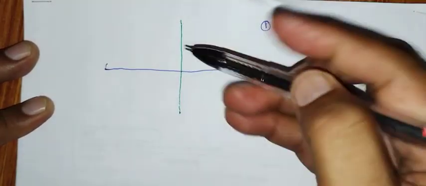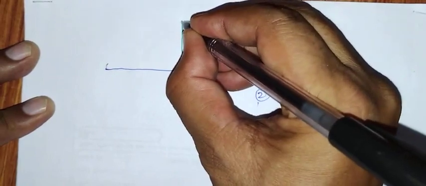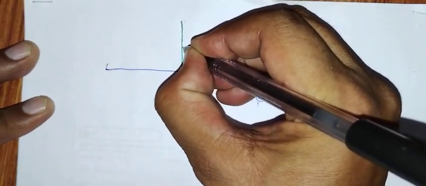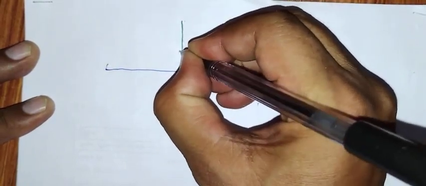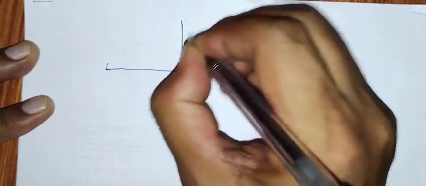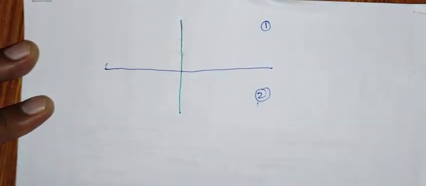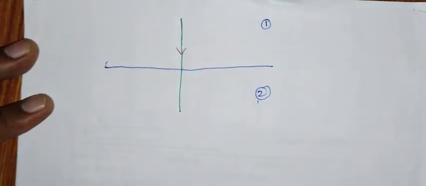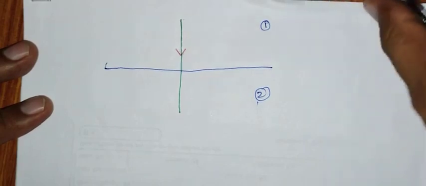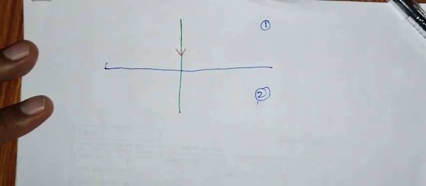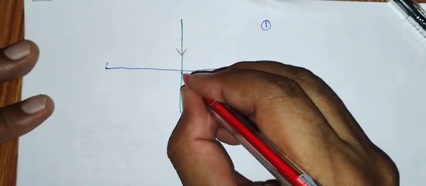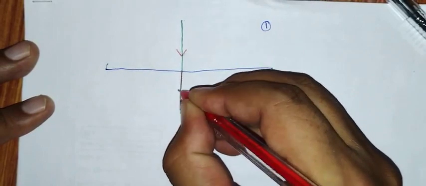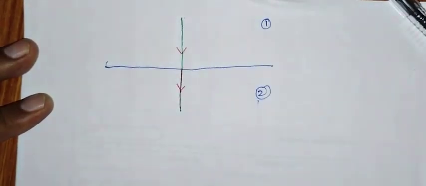When a ray of light comes from medium 1 along the normal, or parallel to the normal as given in the diagram, it transmits into the medium with no difference, in the same direction.